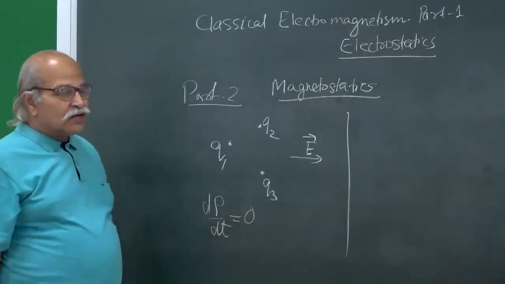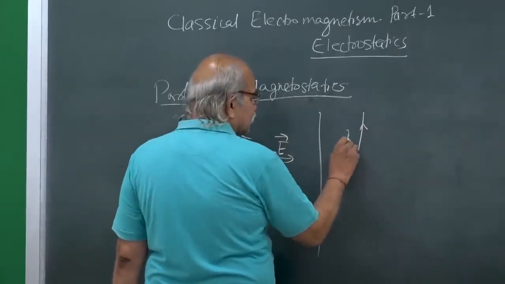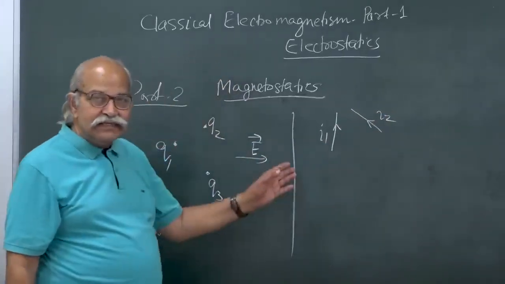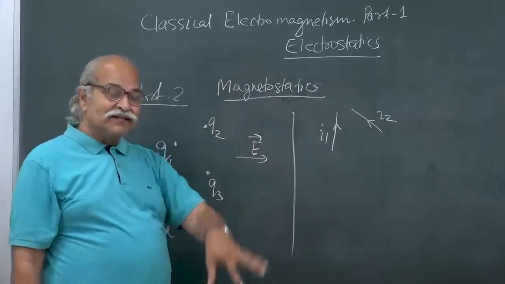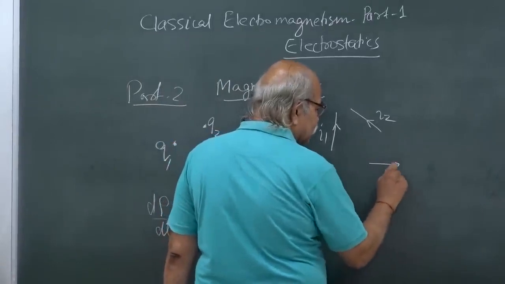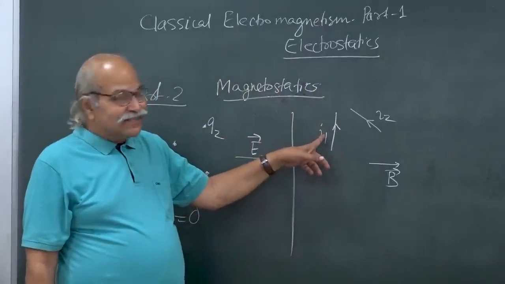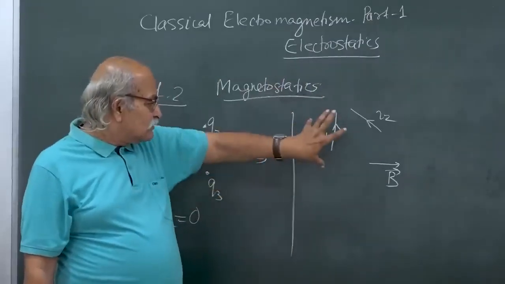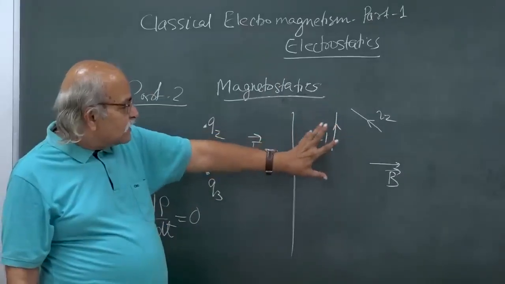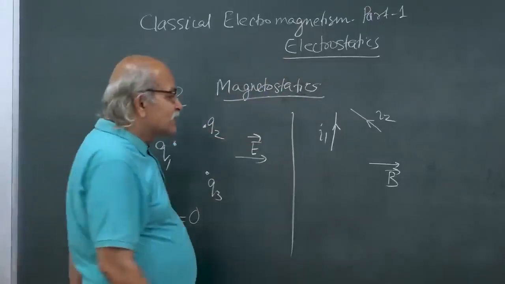Now, here in magnetostatics you have currents, I1, I2, different currents, and these currents produce magnetic field. This is E, and then these produce magnetic field, and if these currents are not changing with time, if in the same wire or same material the magnitude of the current and the direction of the current do not change with time, we call it steady current.